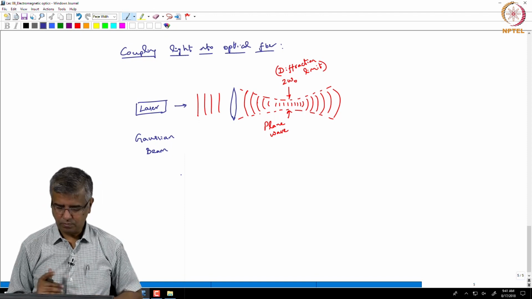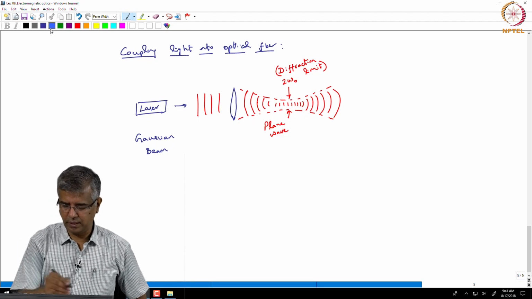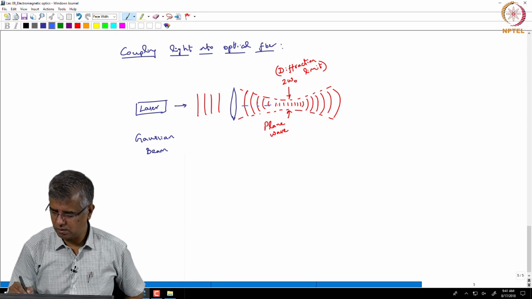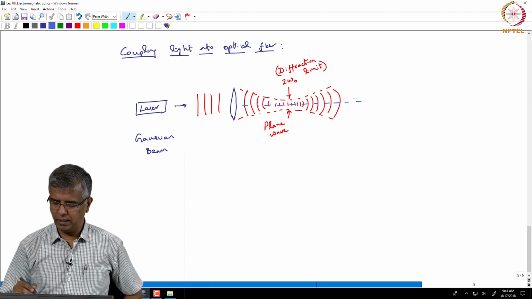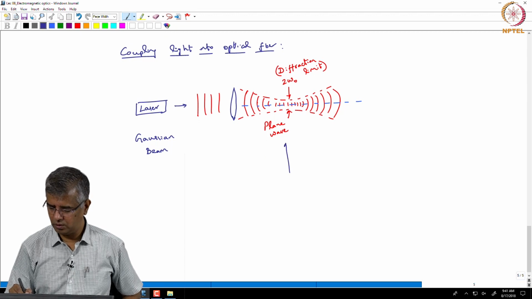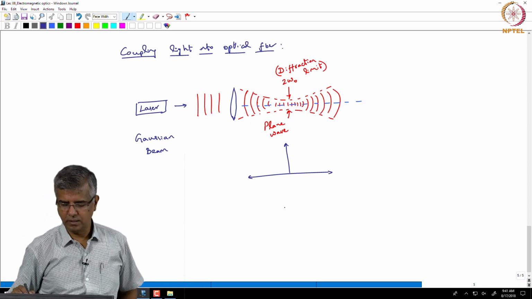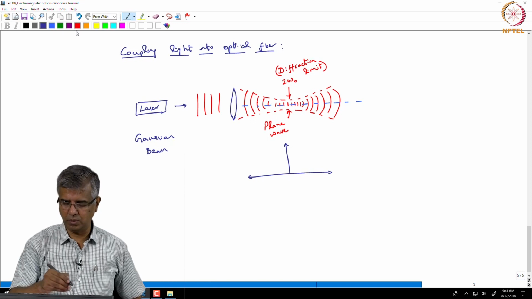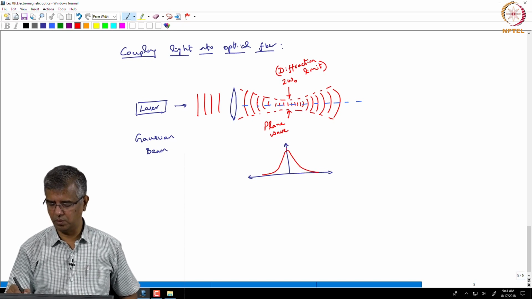Okay, so we can define a few things over here. Let's define this optical axis, and if we look at this at the focal point, at the intensity pattern that you get, we clearly said that has got to be Gaussian in shape. So it goes to a maximum and then it comes to a minimum.